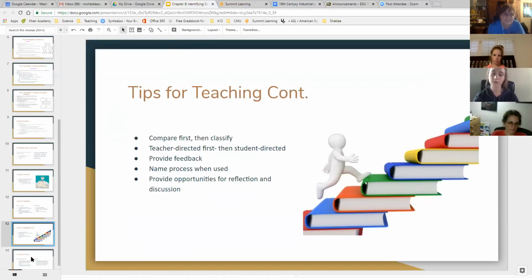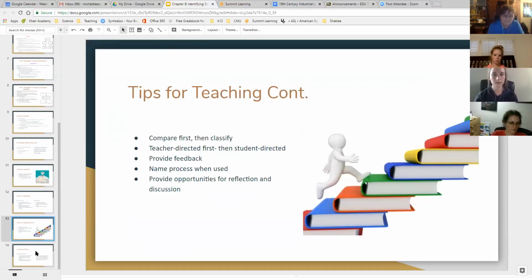I reflected a lot on that point, because I think sometimes, all the time as teachers, we may be citing these similarities and differences or classifying things, but not always explicitly stating that we're using a thinking process. And then providing opportunities for students to reflect and discuss the thought processes behind how they may have compared and contrasted things or categorized things.